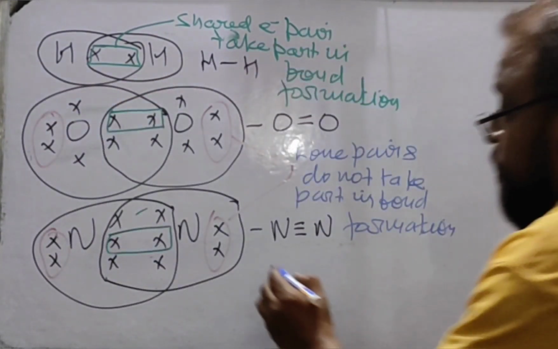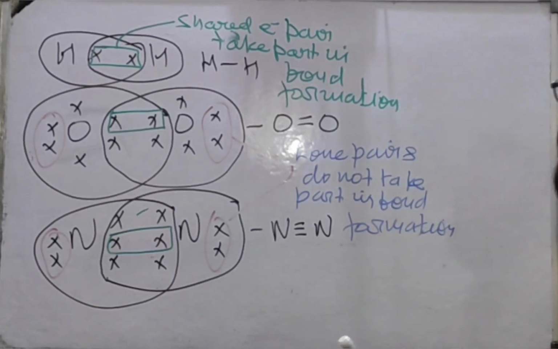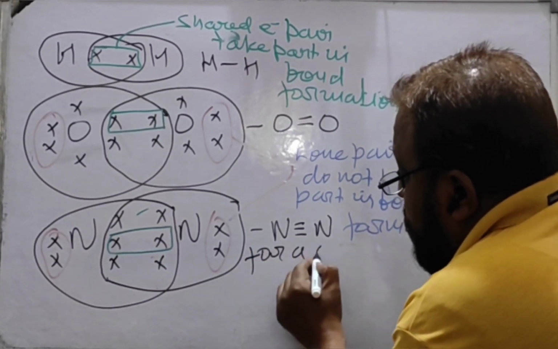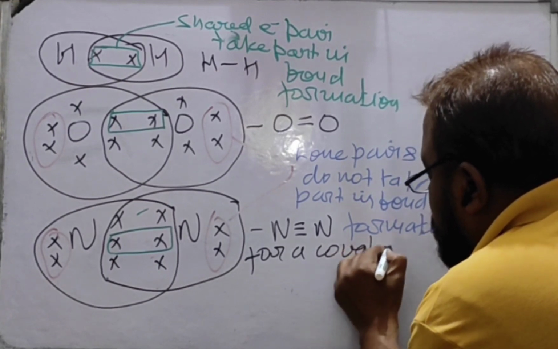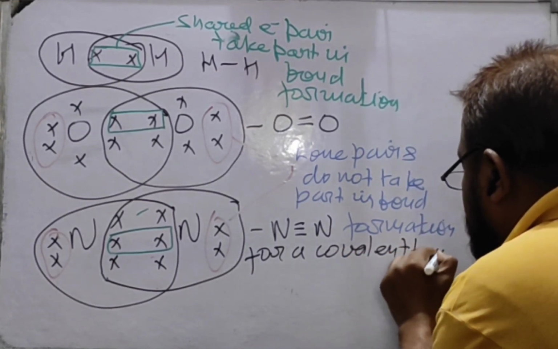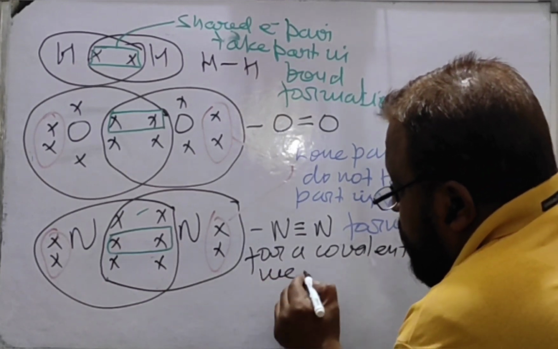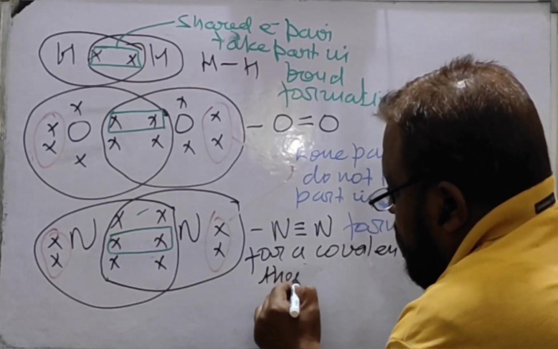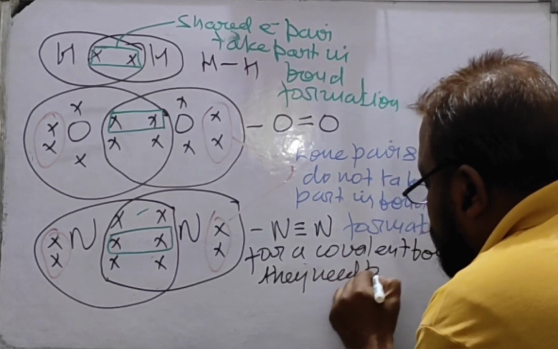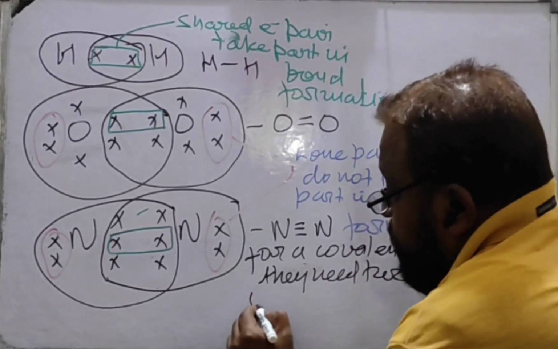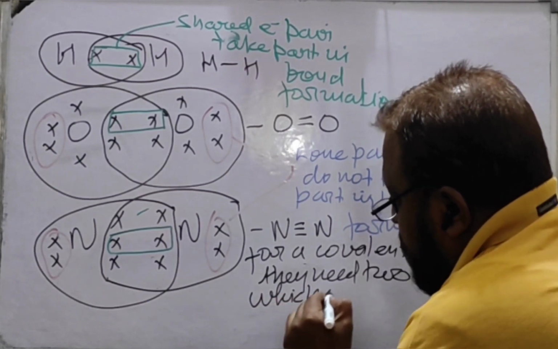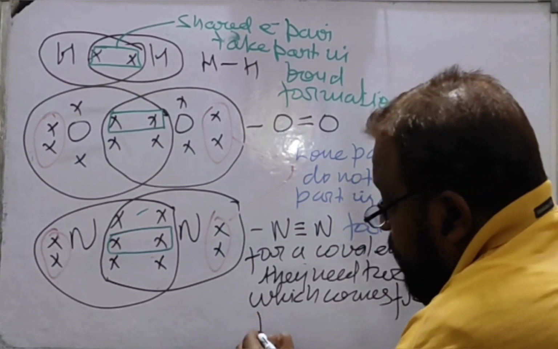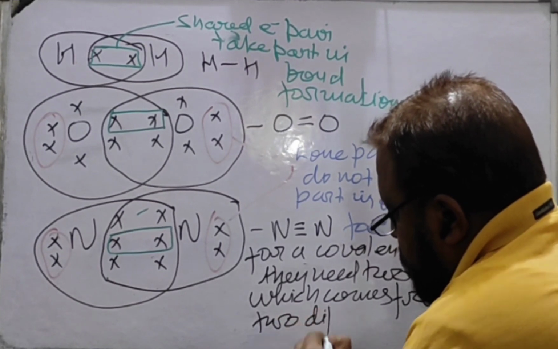And for a covalent bond, they need 2 electrons, which come from 2 different atoms.